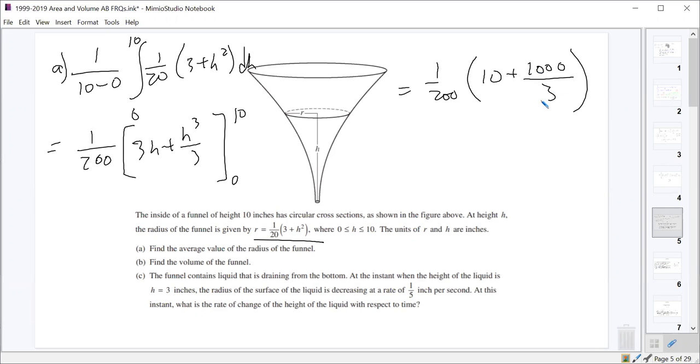Is 30 plus 1,000 thirds. I could multiply 3 by 10. That'd be good. And then we just simplify.